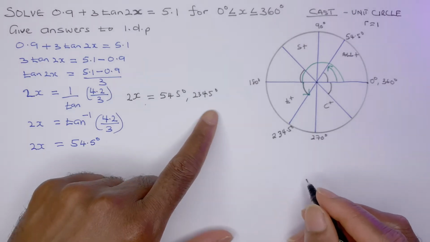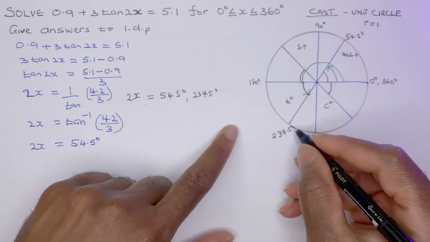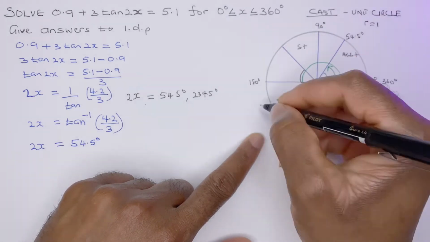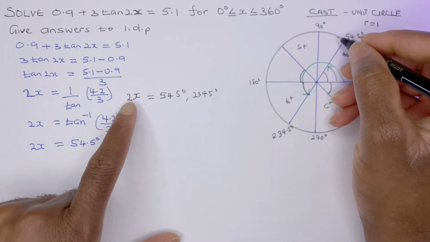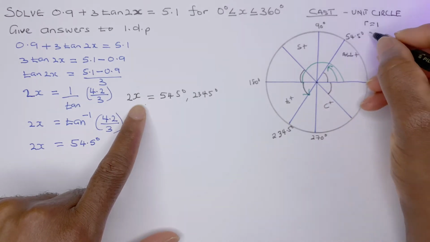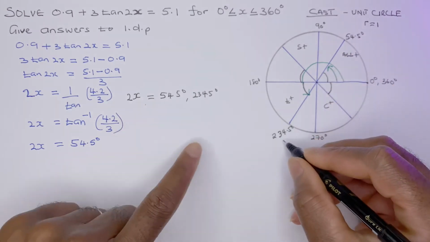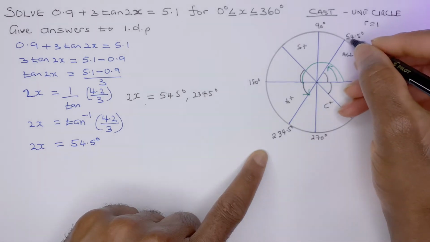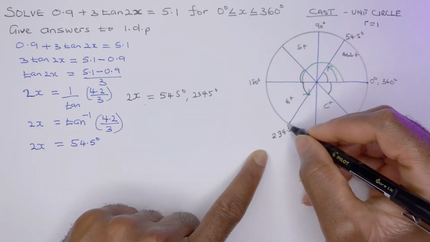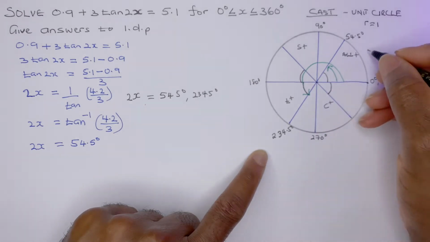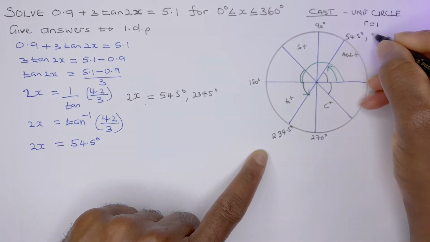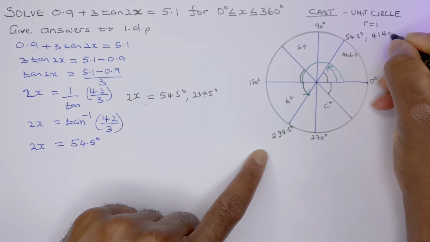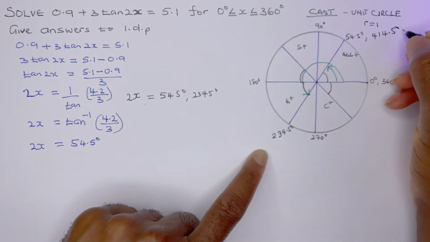Then for the second part, we need to go back around all over again, because we have to do it twice. That's why it's 2x. So from here we add 180, because an angle in a straight line is 180. That gives us 414.5 degrees.